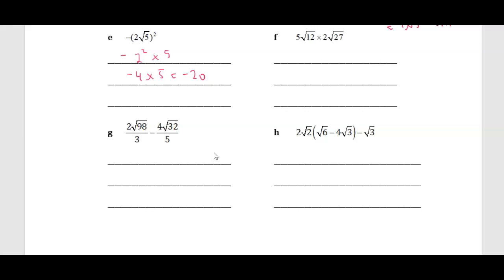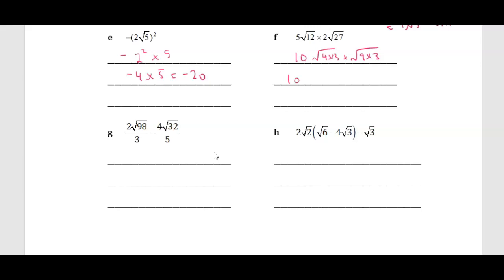Multiply your integers. So 5 times 2 is 10. Now, you can go and do 12 times 27, but it's probably easier to simplify. So the square root of 12 becomes 4 times 3, and the square root of 27 is 9 times 3.